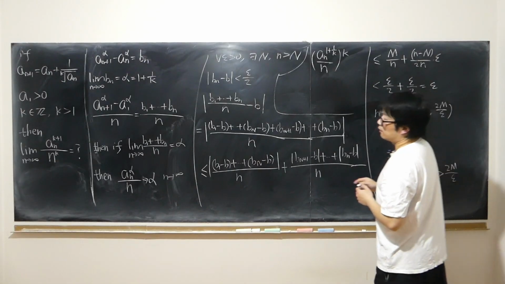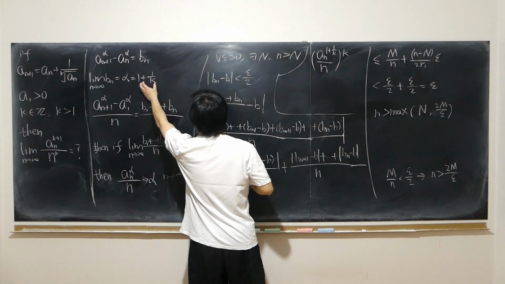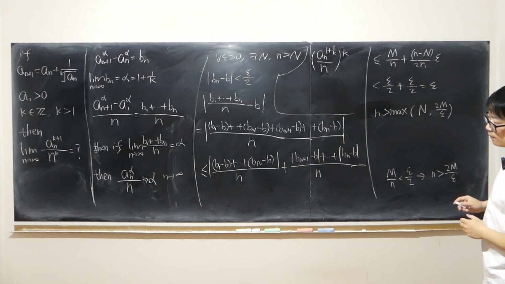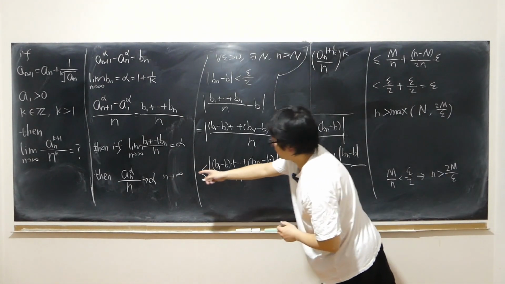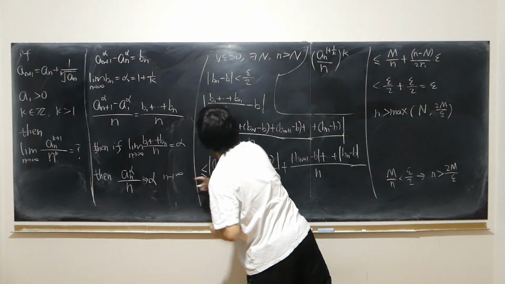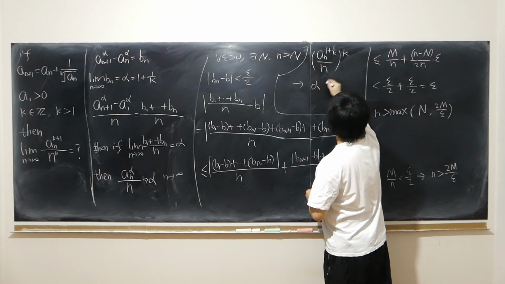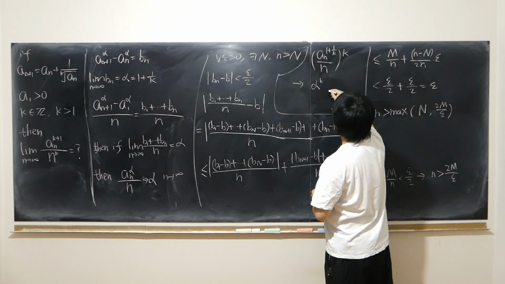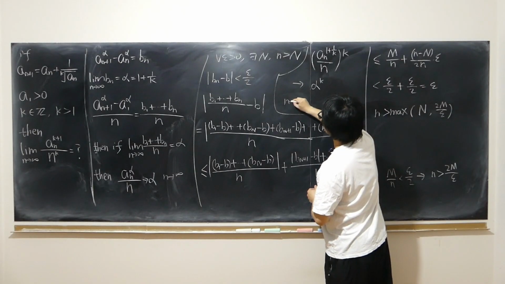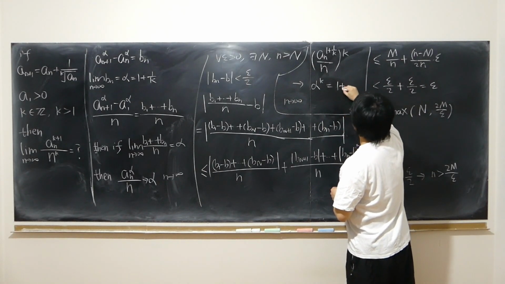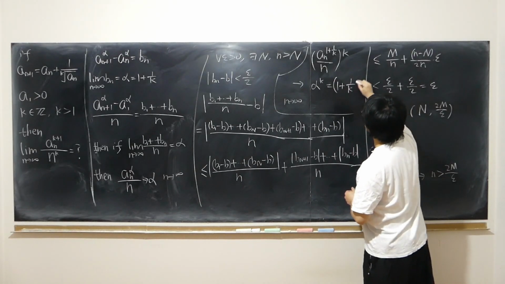First of all, I have this is alpha. That's tending toward alpha, so tending toward alpha to the k. That is 1 plus 1 over k to the power of k.